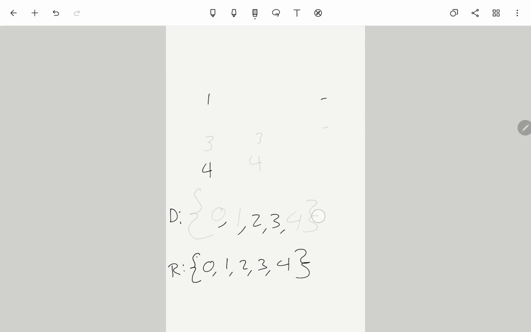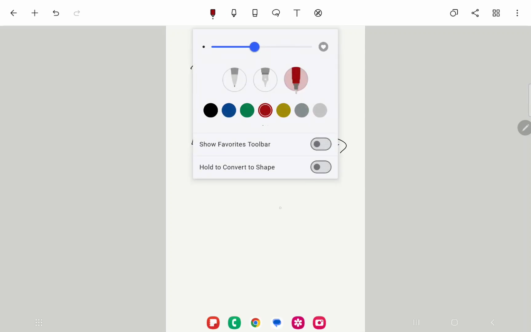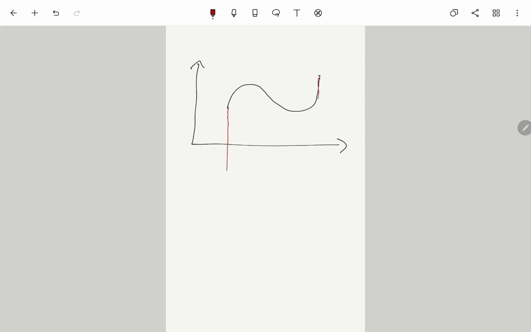So now, for example, remember your domain will be here to here.